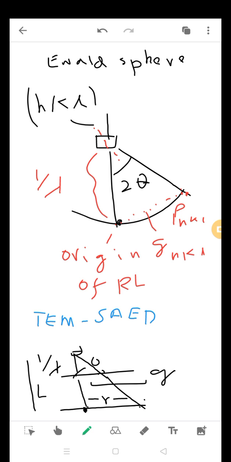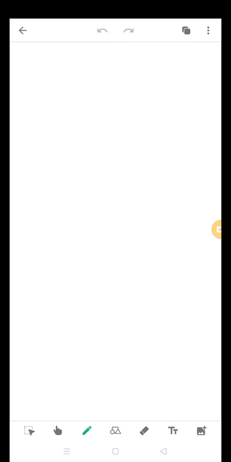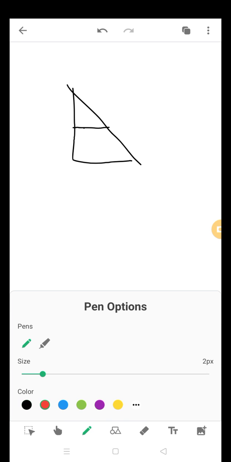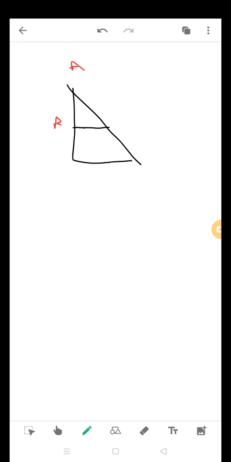Okay. So now from the basic proportionality theorem, if we have a triangle like this, say this is A, this is B, C, this is D, and this is E. So it says that AB by AD is equal to BC by DE.